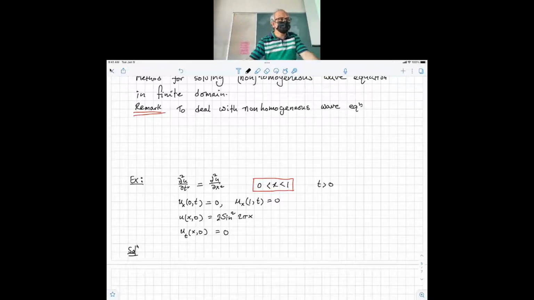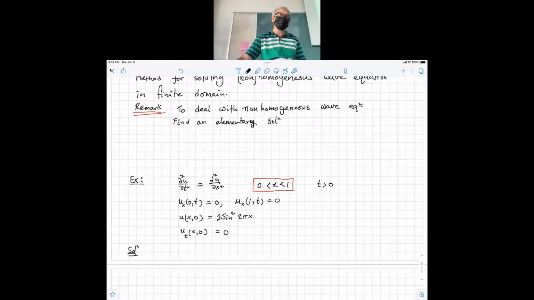So if we want to deal with a non-homogeneous wave equation, as I just posted an example, somehow you find an elementary solution by trial and error.